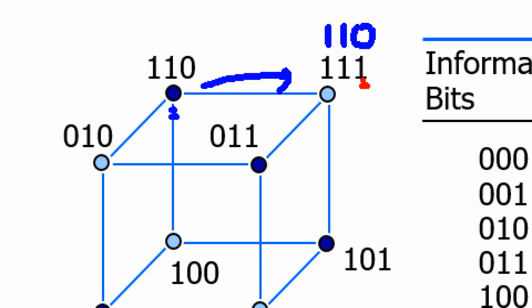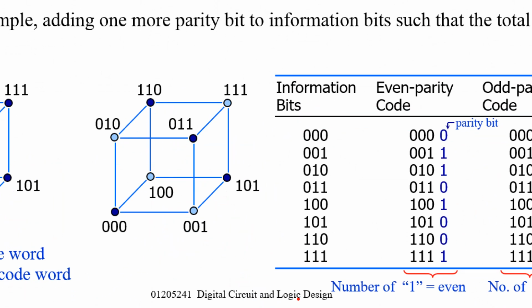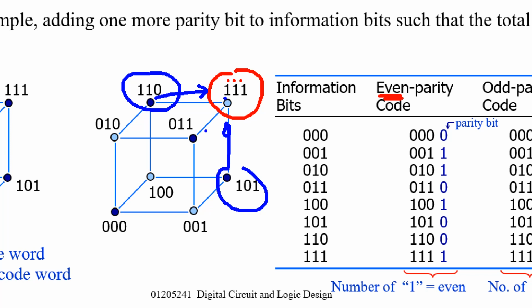But for this system, if you add just one parity bit and we use even parity, if you get an odd number of 1s, it may be from this information bit, or from this one, or from this one.